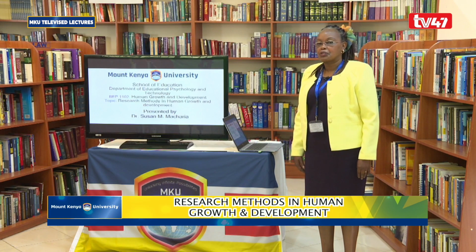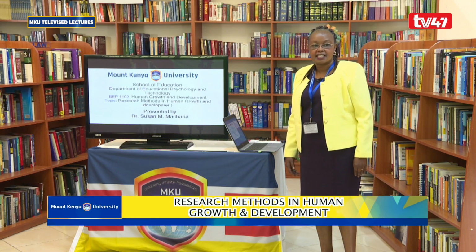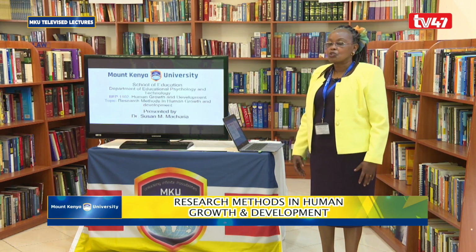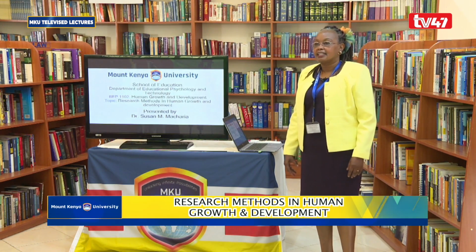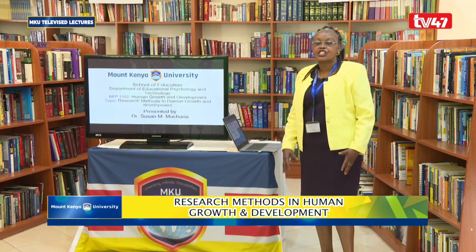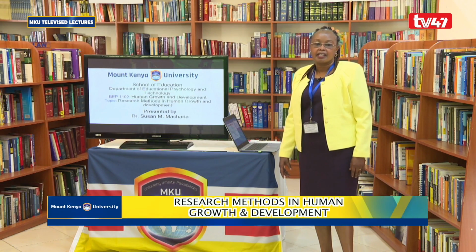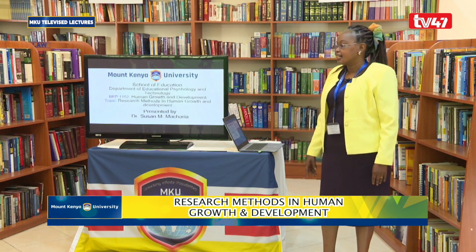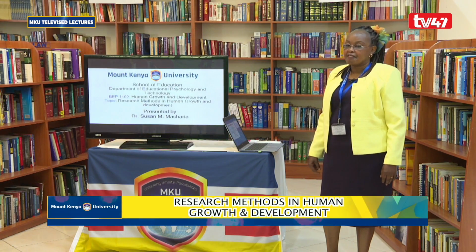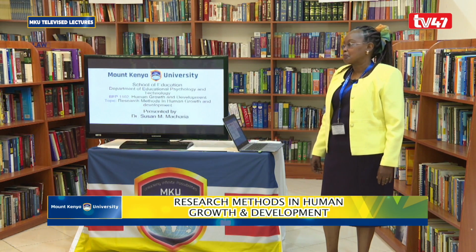We were also able to look at the principles of human development. We were also able to unpack the concept of human growth and development by looking at its nature. And we ended by looking at some of the factors that affect human growth and development.